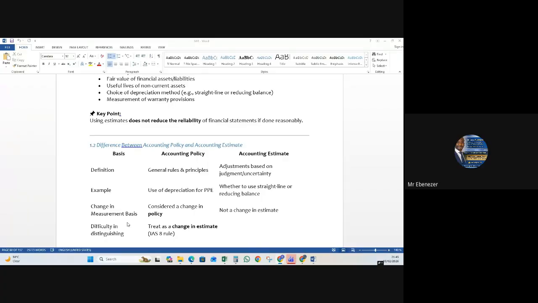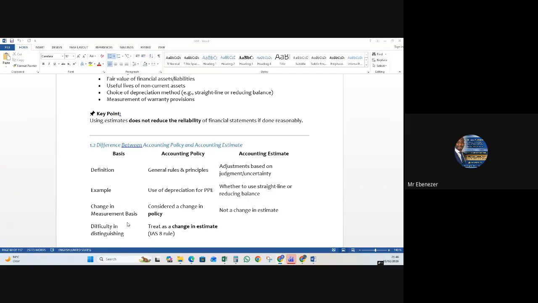When there is a change in your policy, it's an accounting policy. But usually, we don't measure changes in estimates. We measure changes in policies, not changes in estimates.